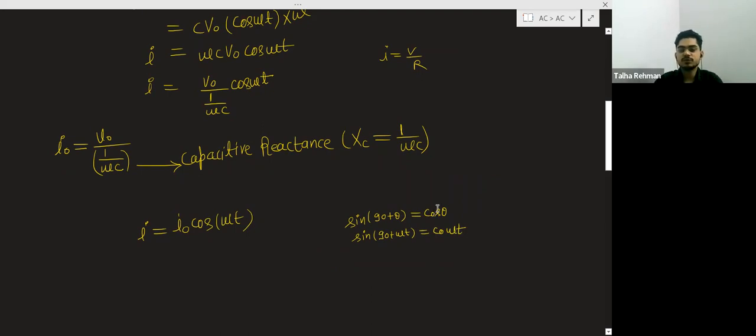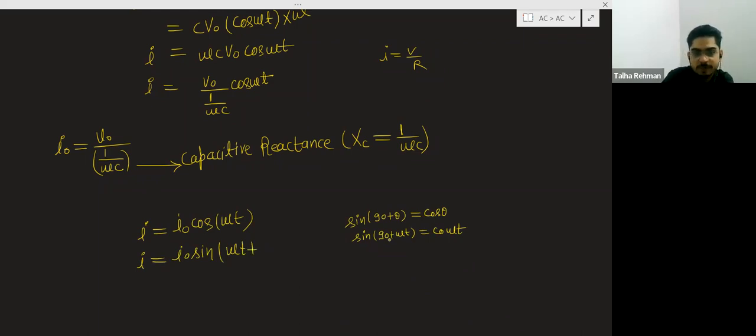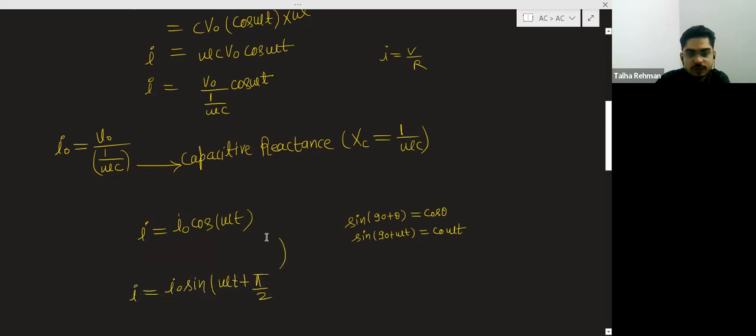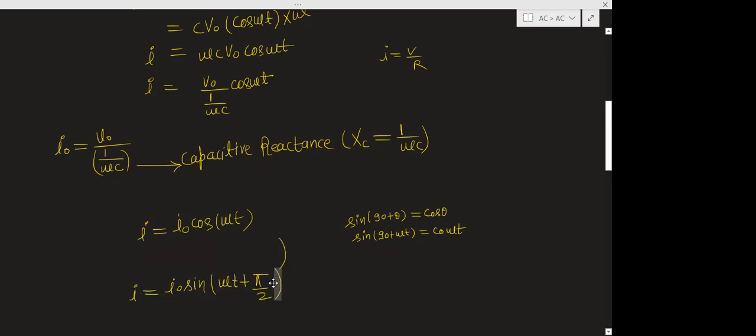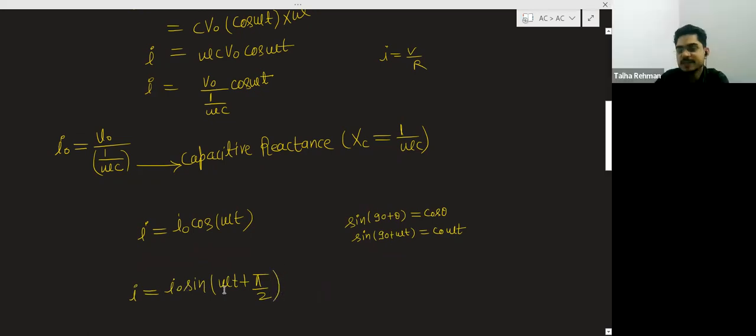So you can write cos omega t is equal to sine of 90 plus omega t, or sine of omega t plus 90. So you can write I is equal to I naught sine of omega t plus 90 degree, or you can say pi by 2. So the final equation of the current is this. You can see the current here is plus pi by 2. So current is leading from the voltage by pi by 2.